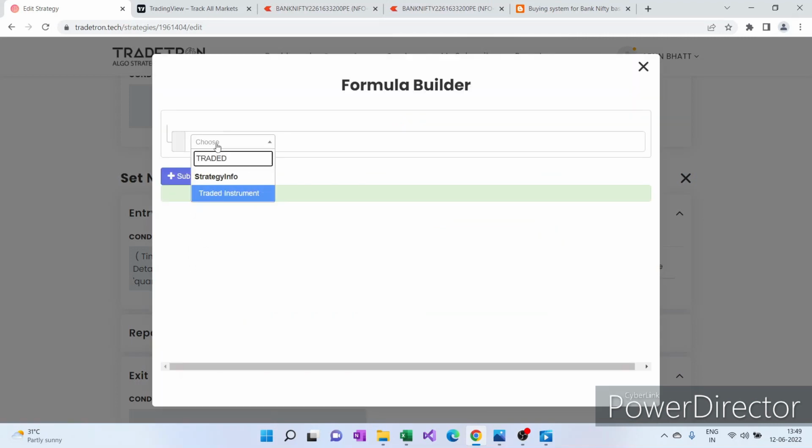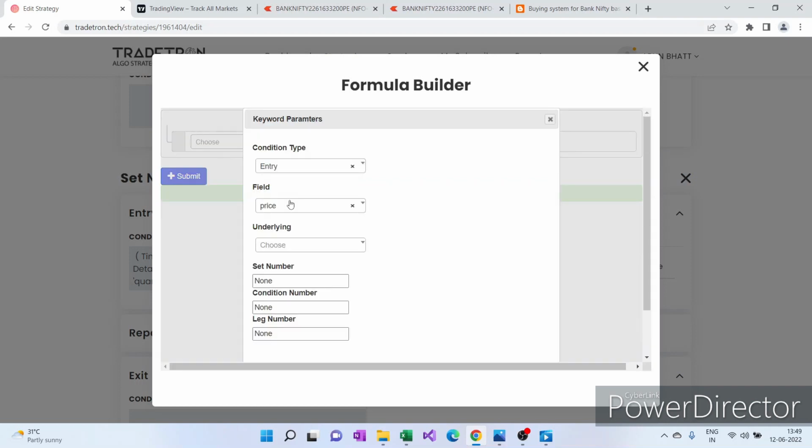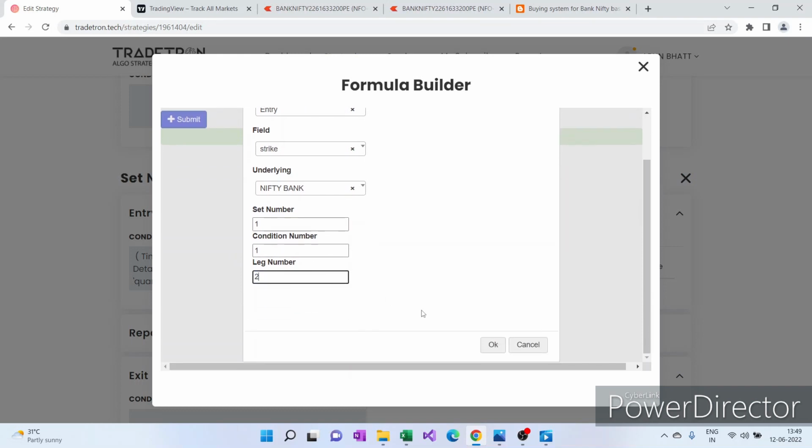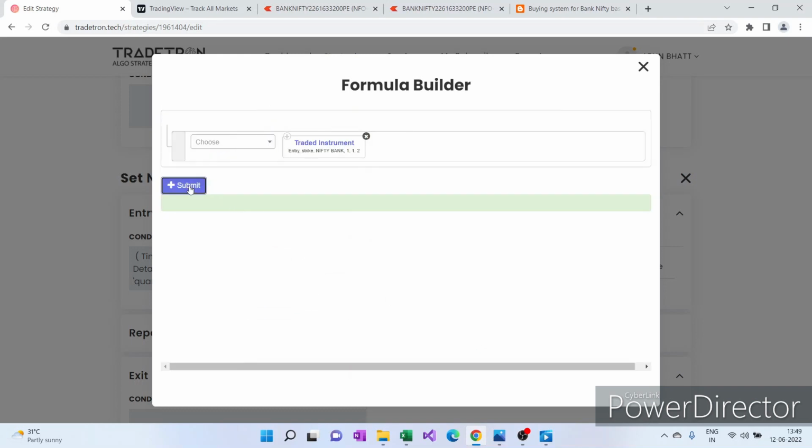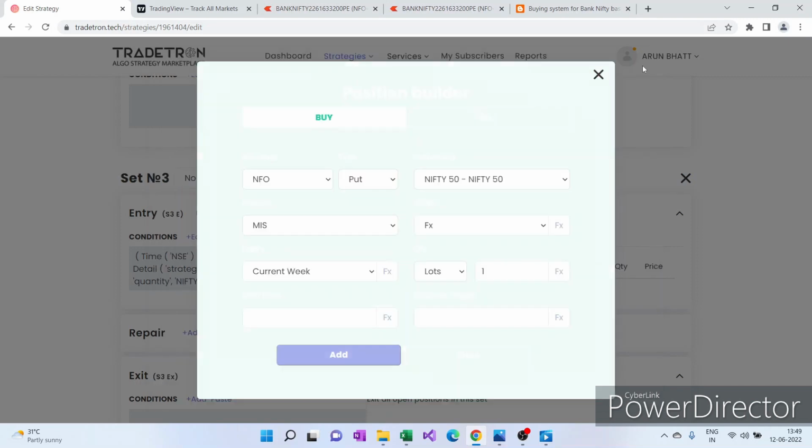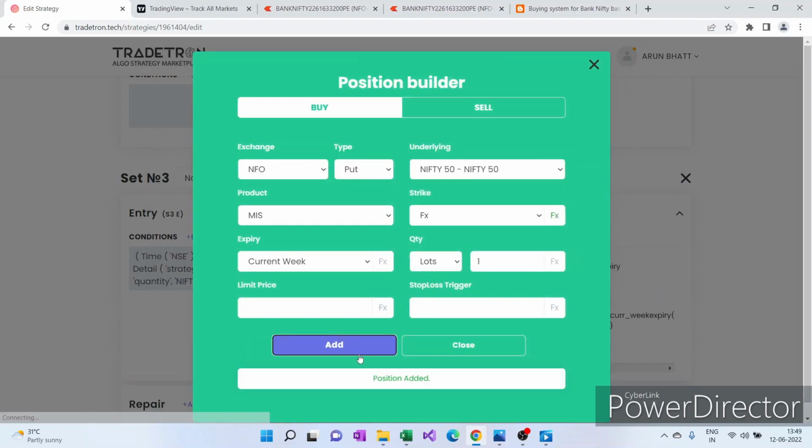So again the same traded instrument, entry, strike, Nifty, buy. So set 1, condition 1 and leg 2. This way we are selecting the strike price of P, which was near to 50 at 9:30. So this one is done.